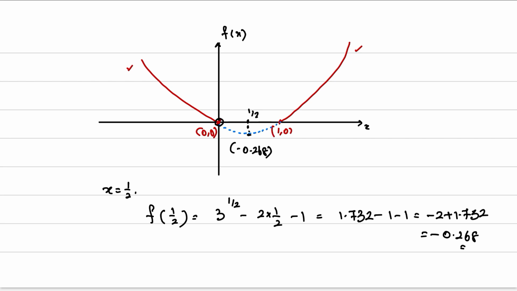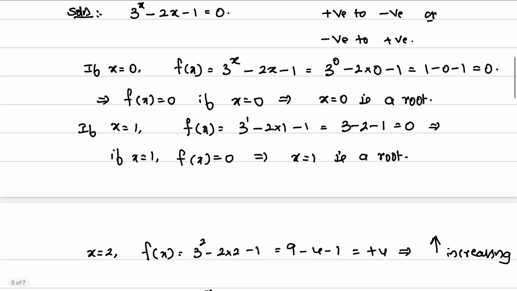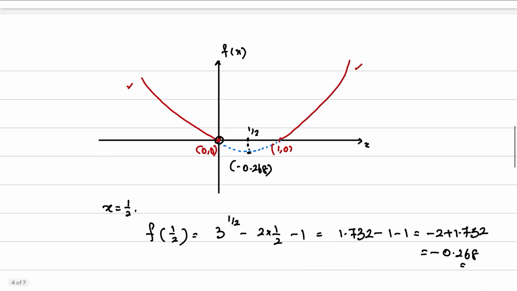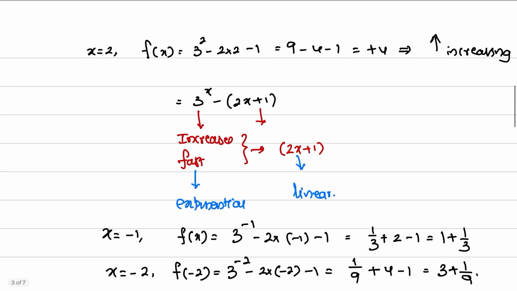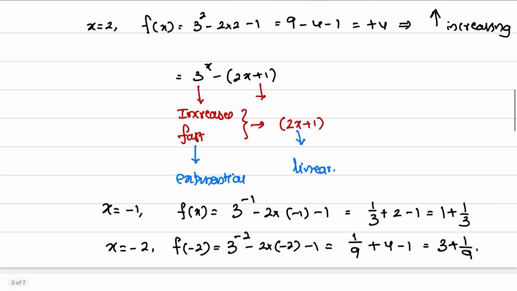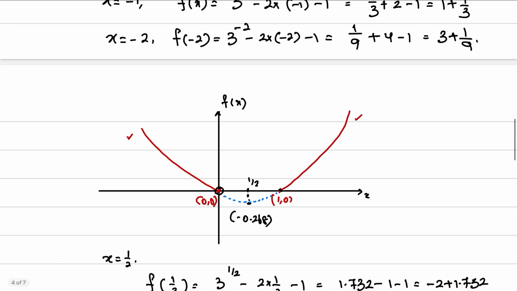We concluded. When x is equal to 1, what is the value? Value is 0. That means between 0 and x is equal to 1. For x is equal to 2, it is almost plus 4.